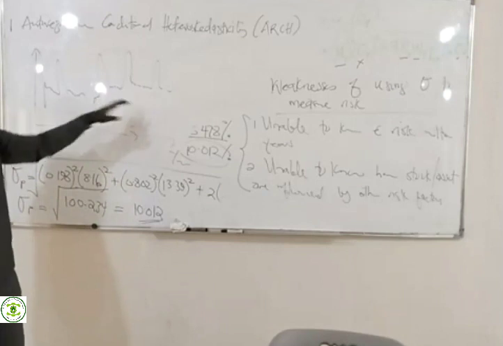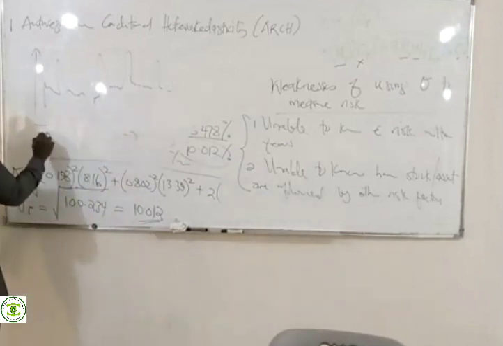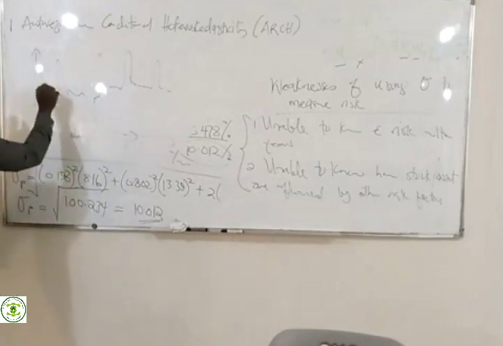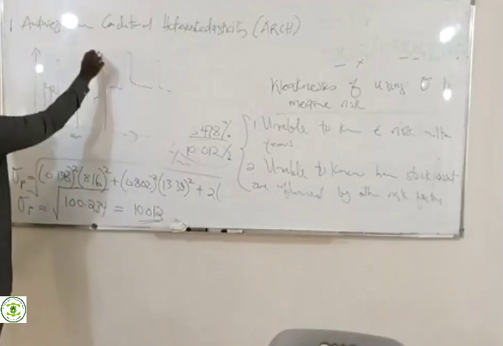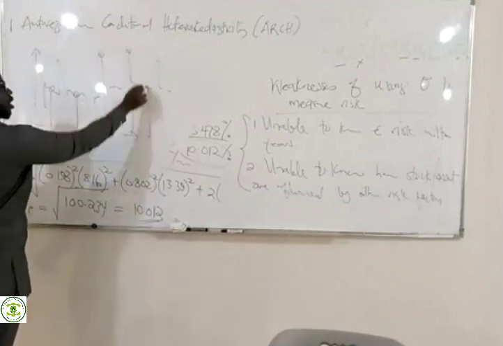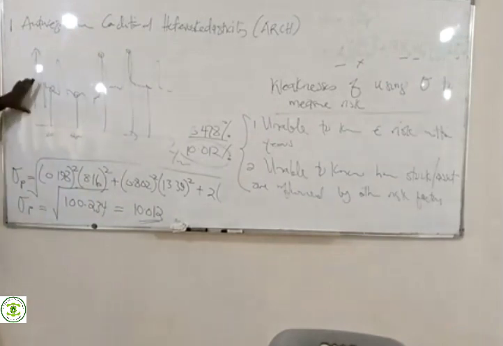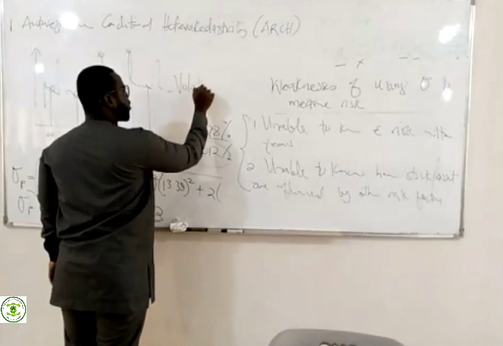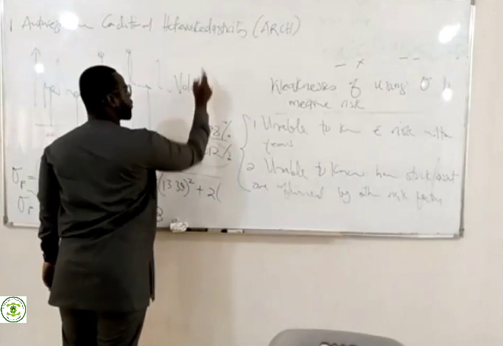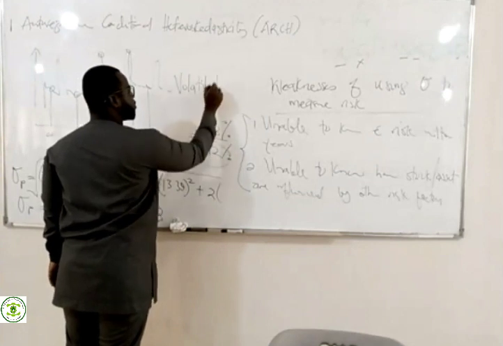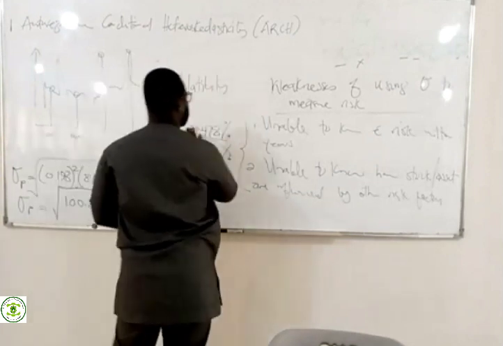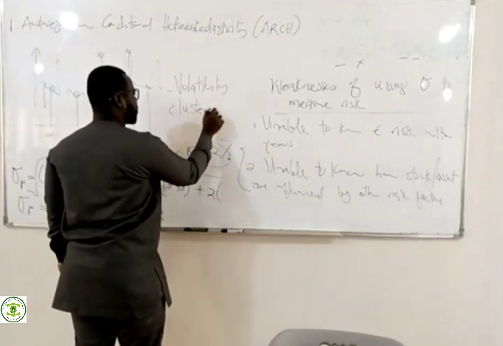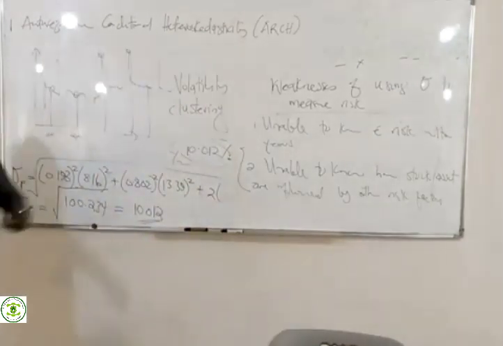The standard deviation can be 2000, 2001, 2002, and the rest. So you are able to know the standard deviation or the risk for each particular year. This is called volatility clustering.